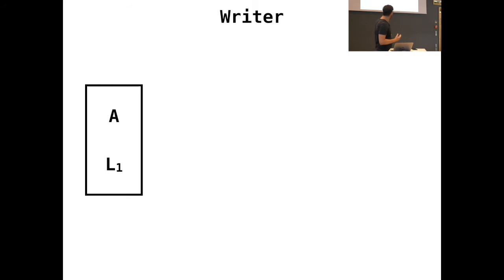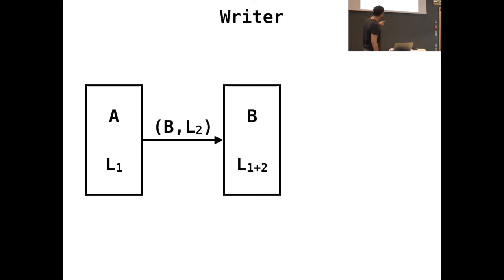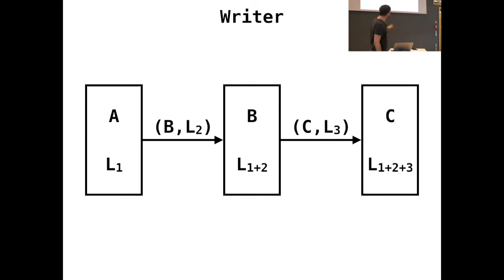So when we transform this with a function that transforms the A into a B, there's also some additional information there, an L2. And what we end up with is a container with B, and both the L's, both the additional information, composed somehow, okay? And this goes on and on.